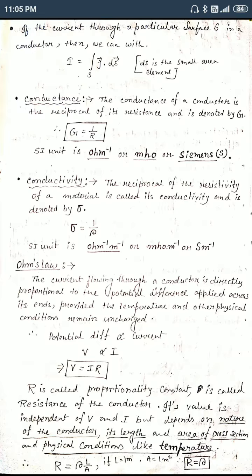Clear? So temperature is directly proportional to resistance. If temperature increases, resistance also increases. If temperature decreases, resistance also decreases. And why is it happening? Already we explained, because of two things. One is that the collisions between electrons increase, and the vibration of atoms also increases. Due to that, the collisions between electrons and atoms also increase.